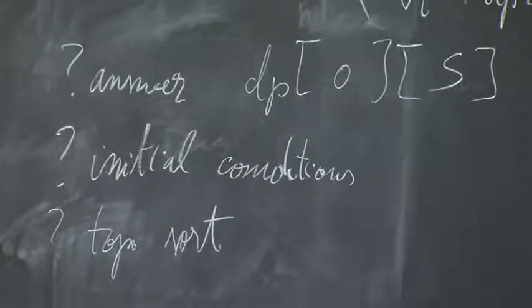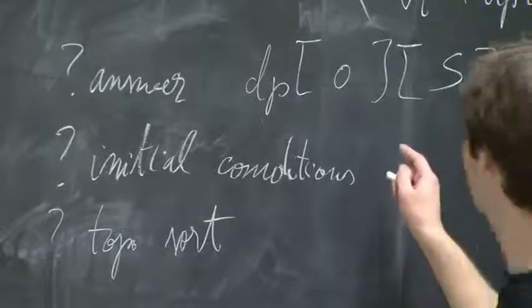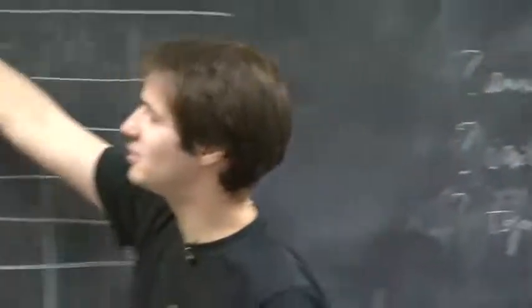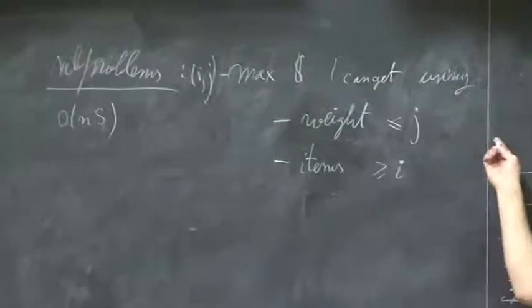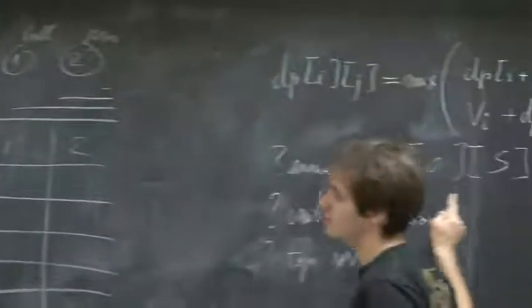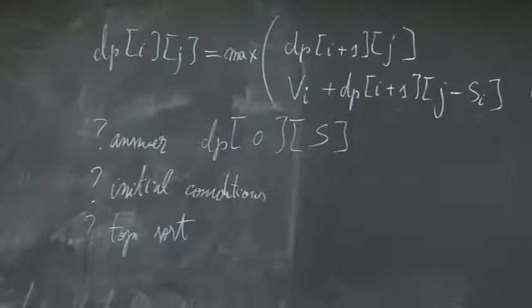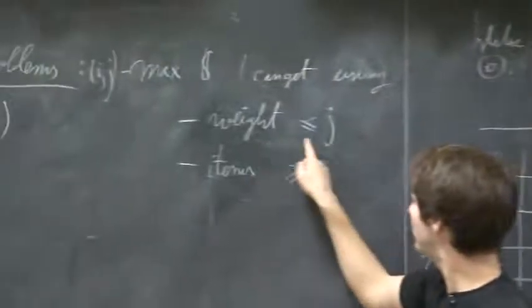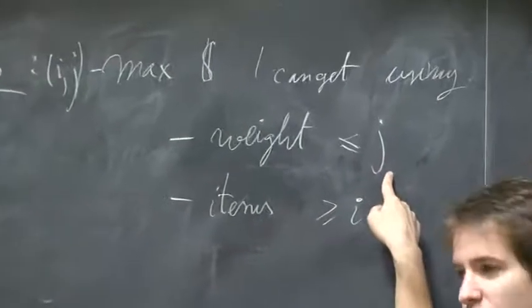Can you explain again why we did dp of 0, s? So I think it's easier to look at 0, s and see how it maps to the subproblem, and then convince yourself that this is the answer. So dp of 0, s means i is 0, j is s. Right? So this is going to tell me what is the maximum amount of dollars I can get by using a weight of at most s.